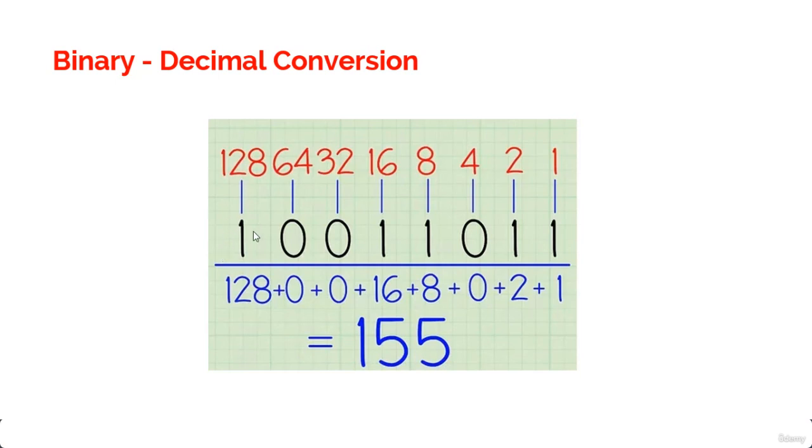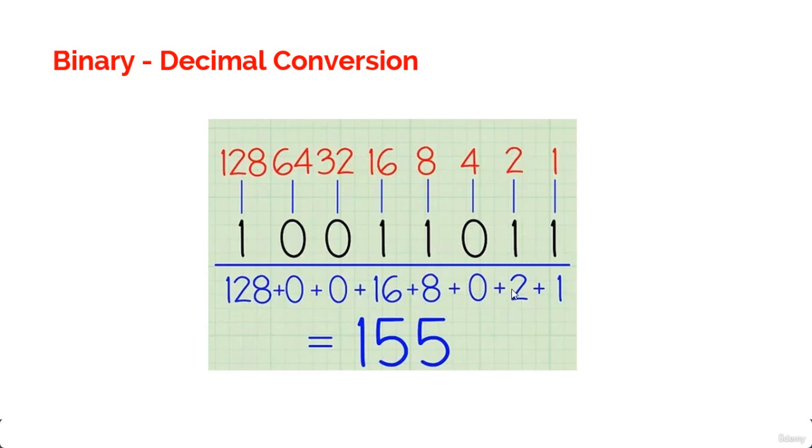Now if someone gives you these binary bits and you are asked to do a binary to decimal conversion, let us say this first one is 2 to the power 0, which is 1. So if this is 1, we consider 1 in addition. This is 2 to the power 1, therefore 2.